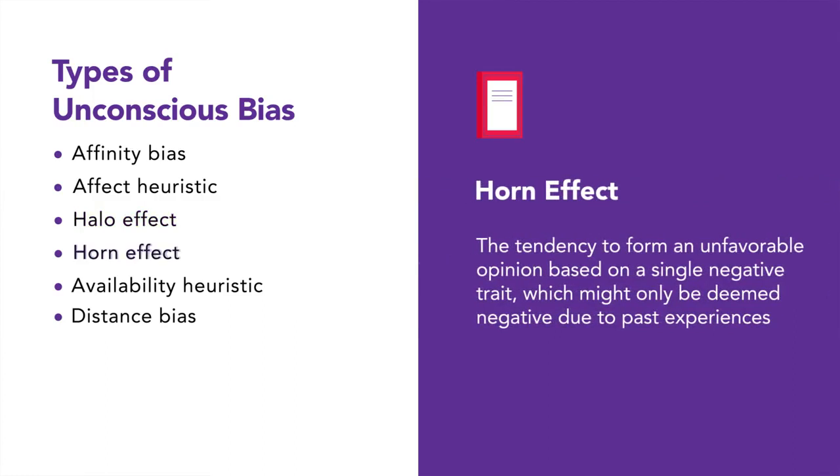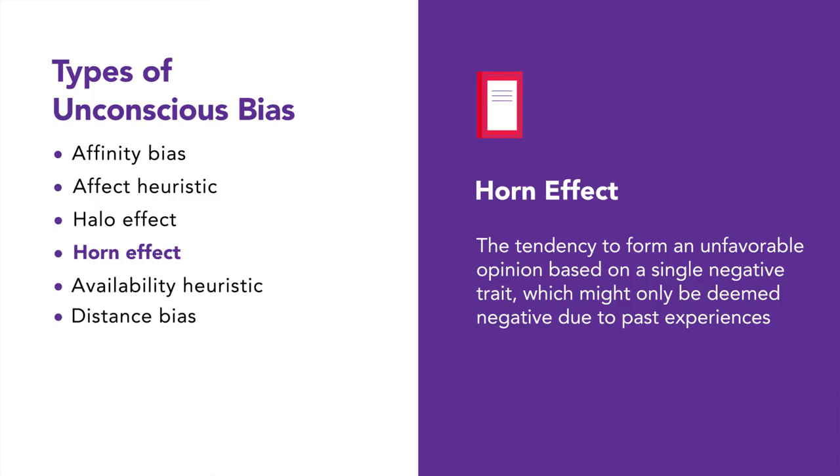The horn effect, also known as the horn's bias, refers to the tendency to form an unfavorable opinion based on a single negative trait, which might only be deemed negative due to past experiences. For example, an interviewer might notice a tattoo under a candidate's shirt, similar to a previous employee who performed unsatisfactorily.